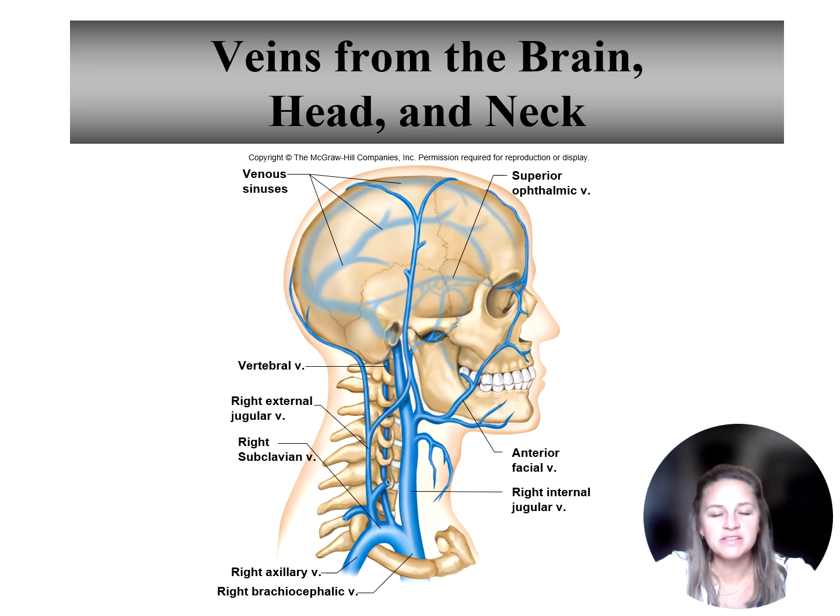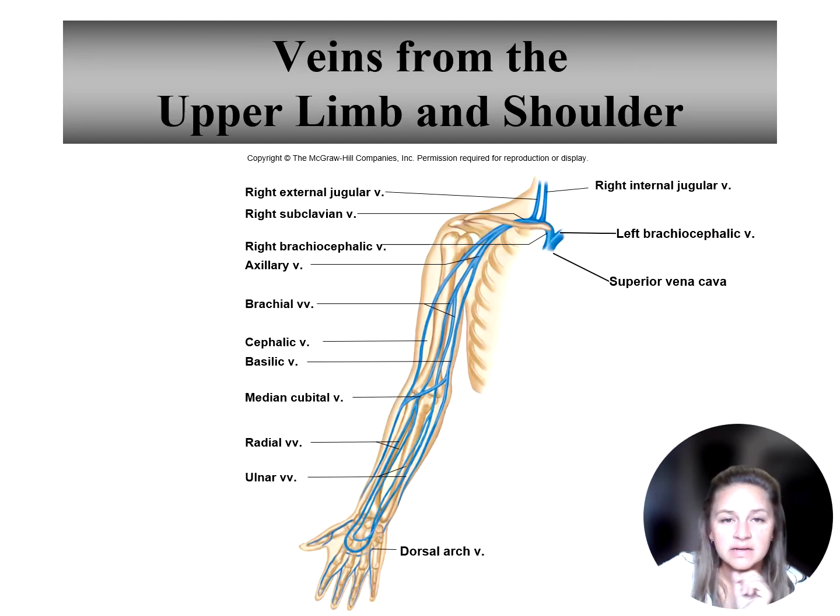So this is showing the veins in the brain, head, and neck. Again, similar, but not as detailed as the arteries. We have a jugular here. Again, upper limb and shoulder. And again, this would be weak. This would not be strong like the arteries are.